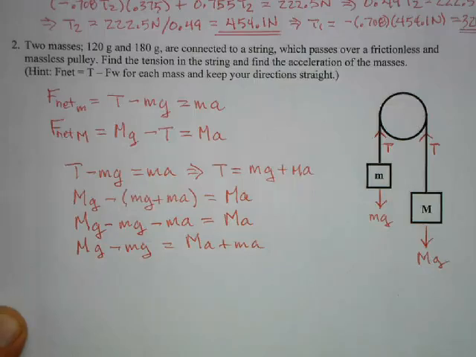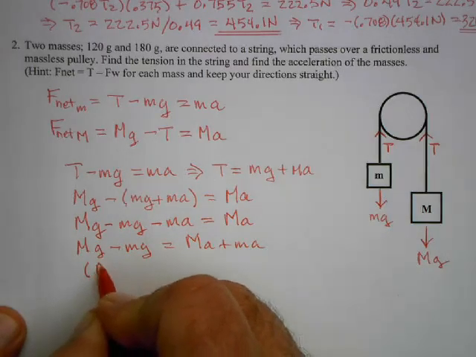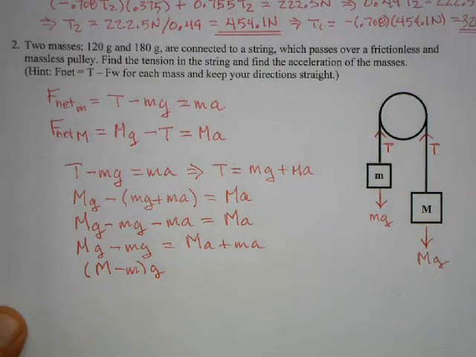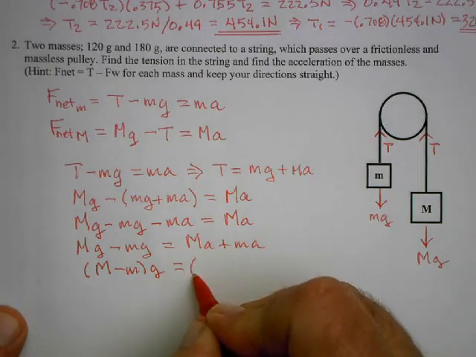Then I'm going to factor. So over here, I'm going to have big M minus the little m, g. And on this side, I'm going to have big M plus the little m times a.